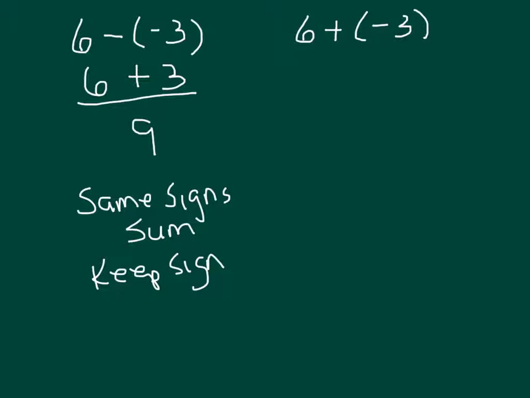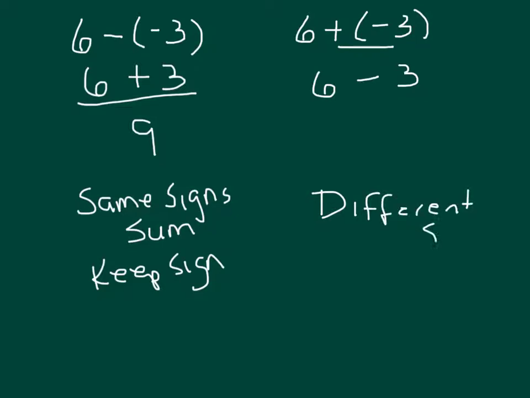We've got 6 plus a negative 3, and we want to simplify this positive and negative. So when you have a mixed pair like this, what you do is simplify it like 6 minus 3. We have a positive 6 and a negative 3. They have different signs, so you get the difference between the two numbers.